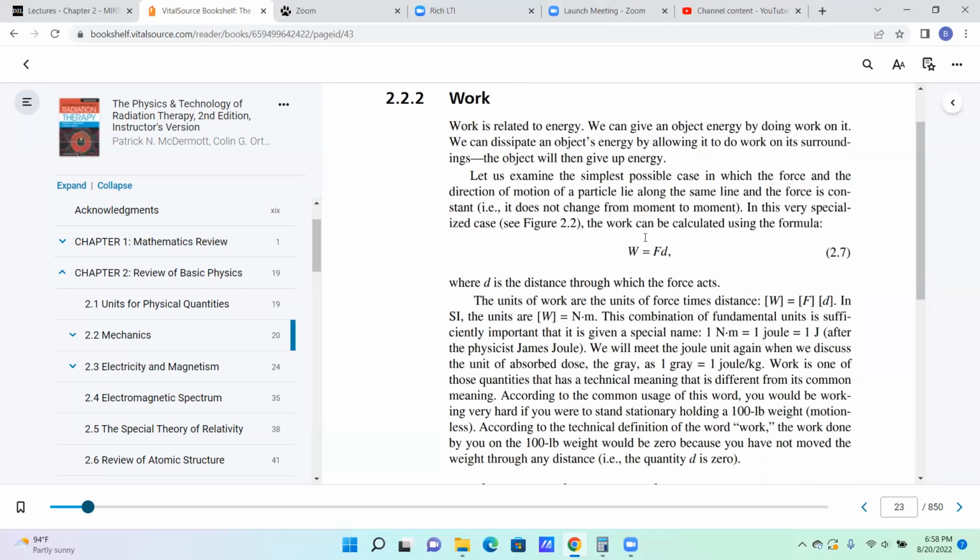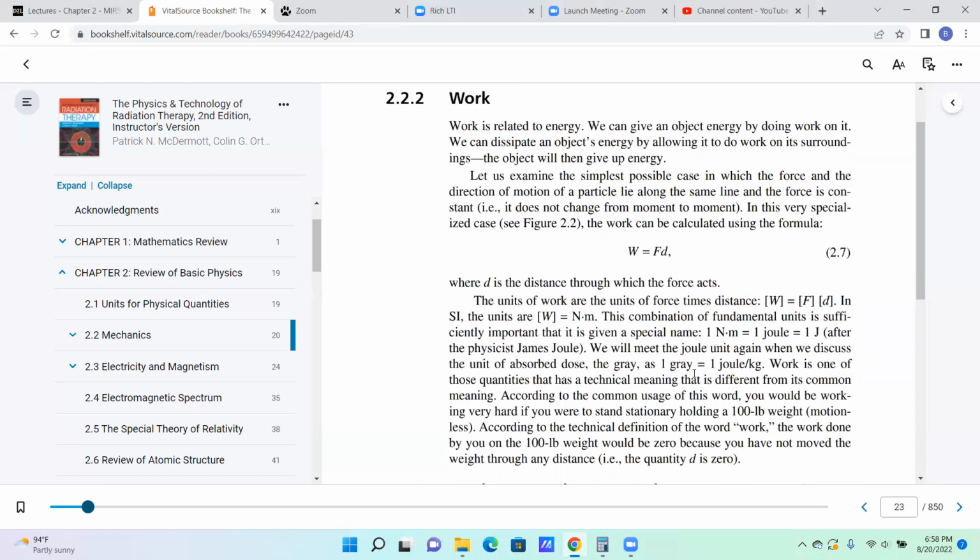This is referring to energy. In order to do work, you have to expend energy, and that's why this concept of work is necessary. Because we're going to take the joule, and we're going to discuss something called absorbed dose. How much energy is absorbed in a certain amount of mass, and that is going to be referred to as a gray.